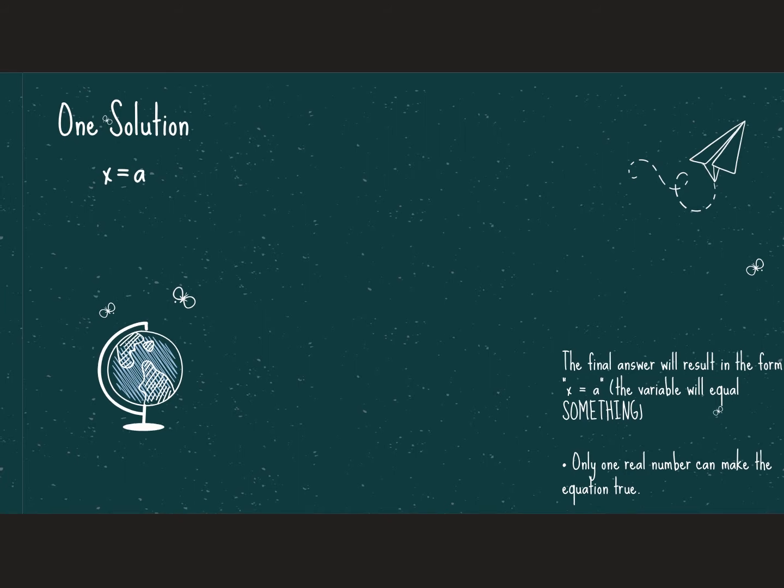For example, we have 2 times x minus 3, plus 9, equals 5 plus x minus 1. Now we're going to use the distributive property. Looking at the left side, I need to distribute. So I have 2x minus 6 plus 9 is equal to 5 plus x minus 1.